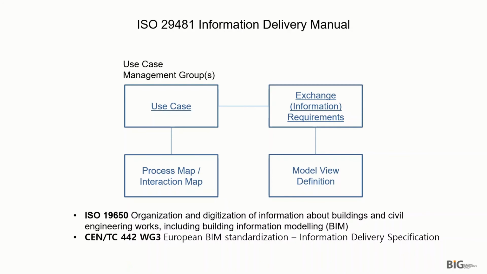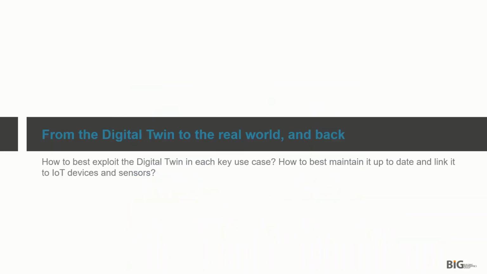So by having more and more of this, you can allow systems to import and export through the schema that you define according to specific use cases. There are some other standards that are directly related to it.